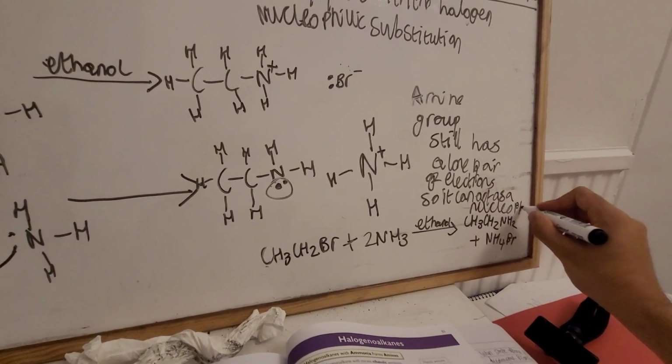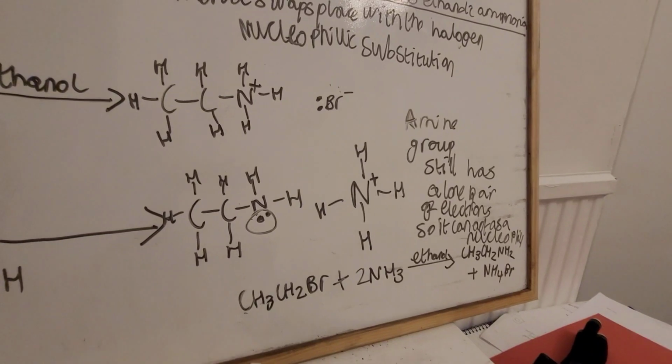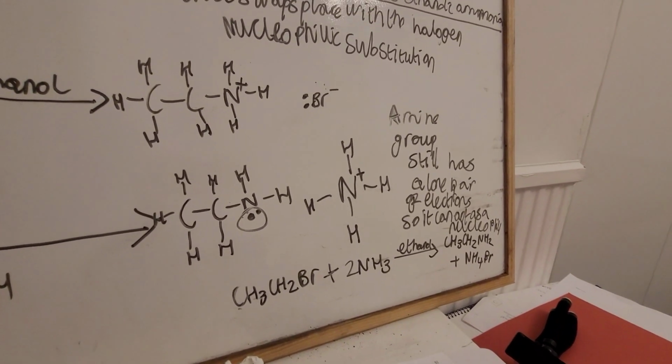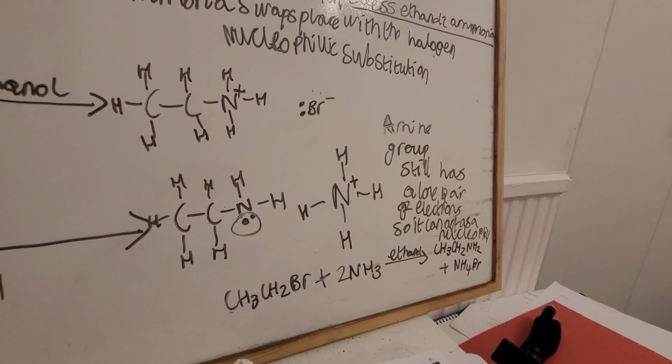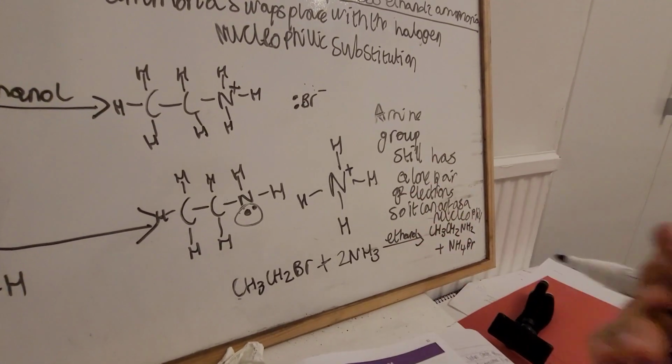Now, why is this important? Why did I tell you this? Because the amine group still has a lone pair of electrons, so it can also act as a nucleophile. Therefore, it may react with halogenoalkane molecules itself, and therefore you get a mixture of more products.